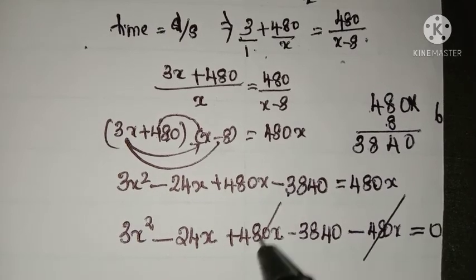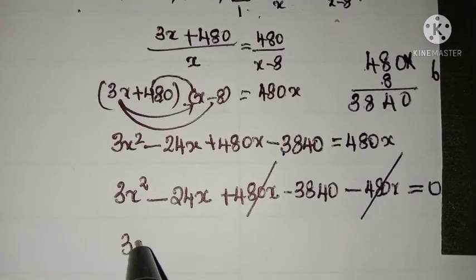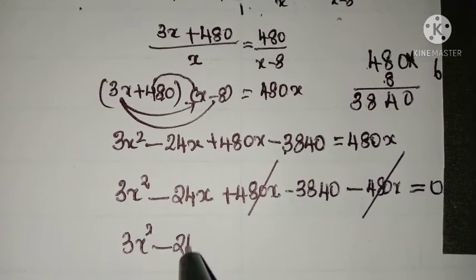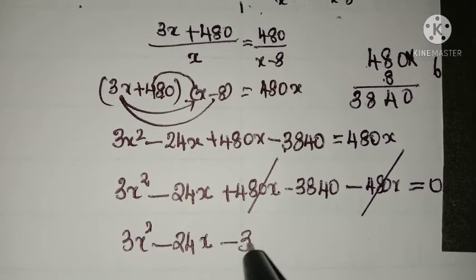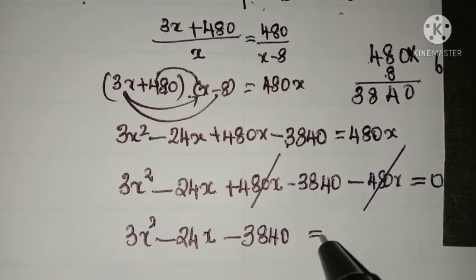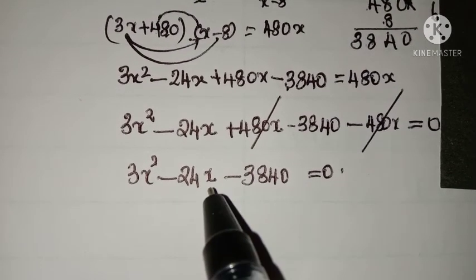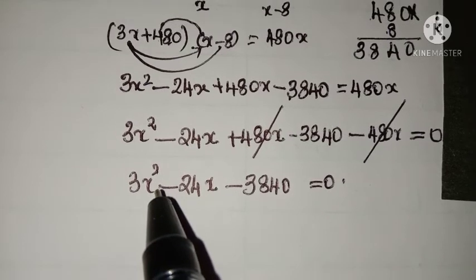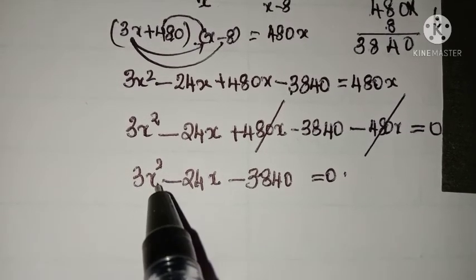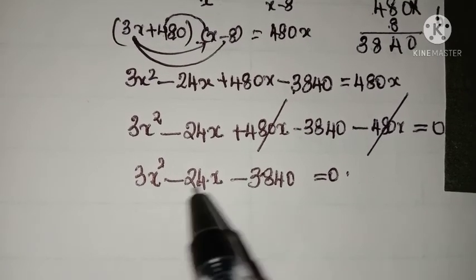So we can cancel these two terms. 3x square minus 24x minus 3840 equal to 0. So this is our required quadratic equation. Listen, if we need, we can simplify this. All the terms have 3 as a common factor.